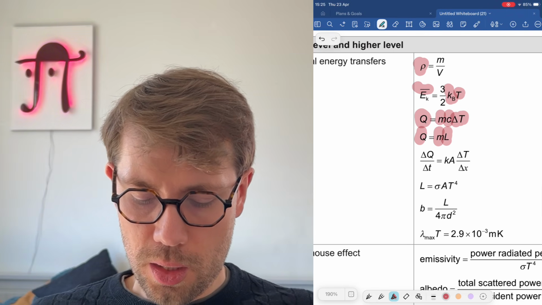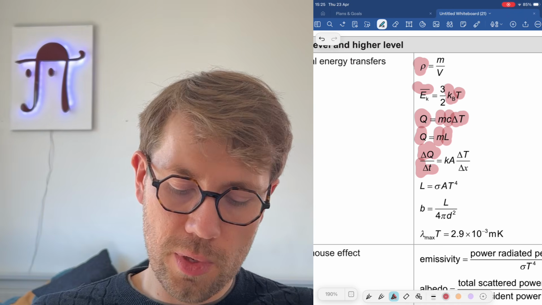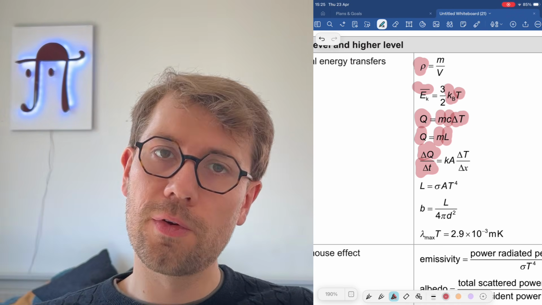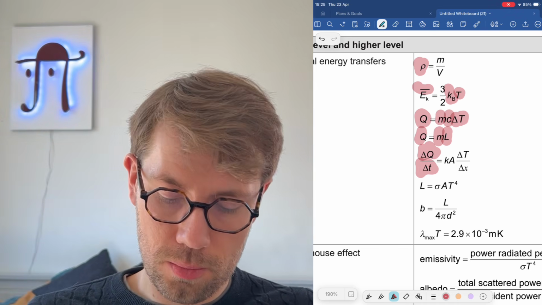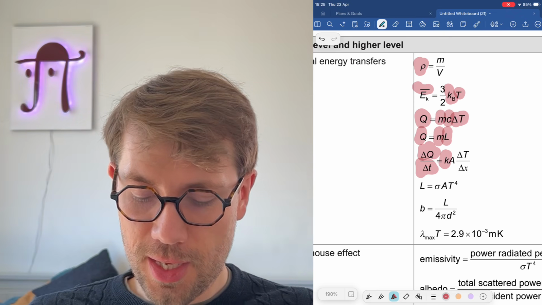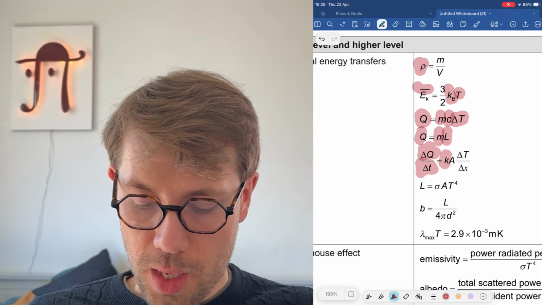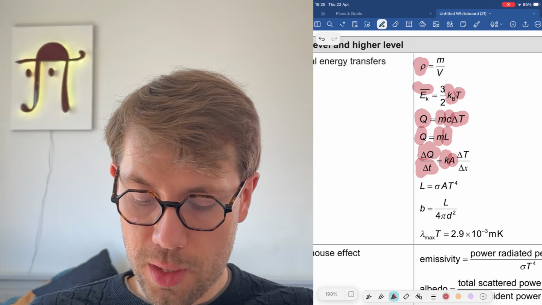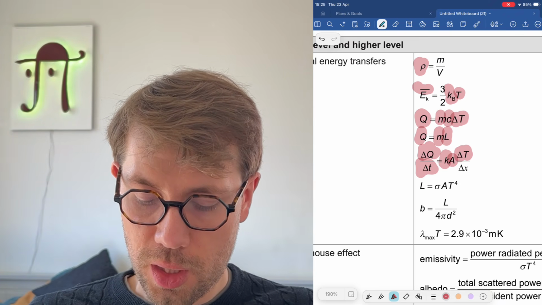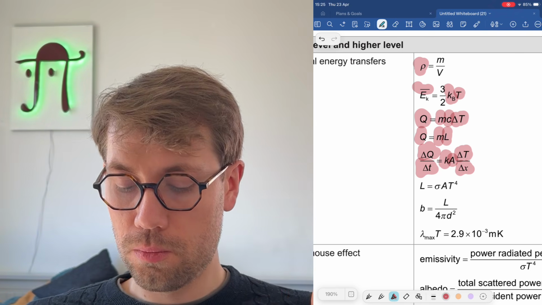Right. Then we've got change in heat energy over change in time. That's rate of change of heat transfer. Heat transfer. Oh, look at this, another K. We just have K's everywhere, don't we? So that's a constant. A is going to stand for cross-sectional area, change in temperature, and the distance across which that heat transfer is.